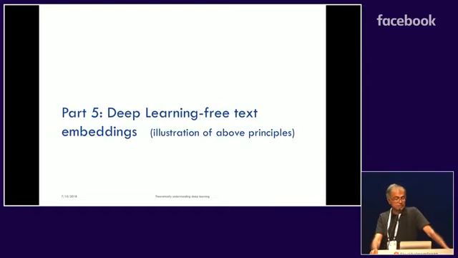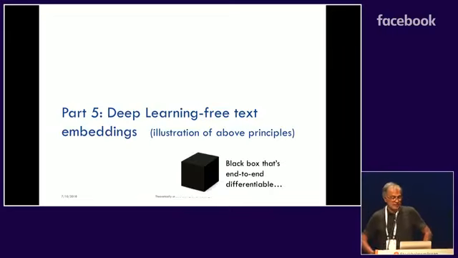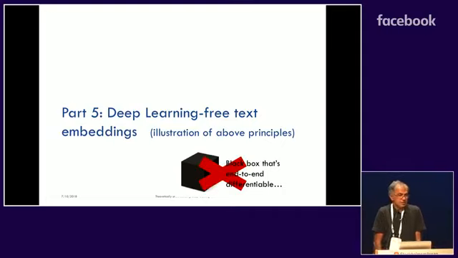Okay, so let's go on to the next section, which is an illustration of these principles: deep learning-free text embeddings. We were thinking along these lines, mulling over this, and came up with something interesting. So what do I mean by deep learning free? As you all know, these days the gestalt is that for any task you try to, as much as possible, have a black box end-to-end model, right?